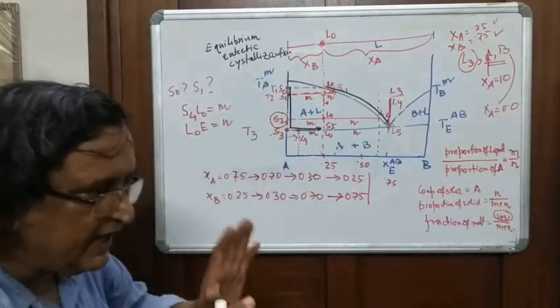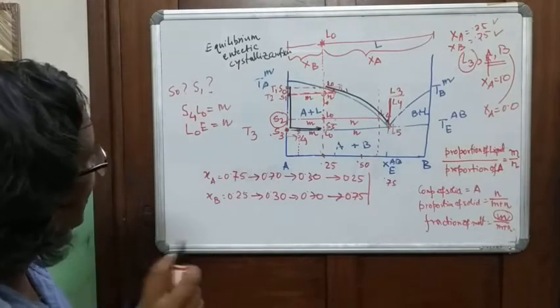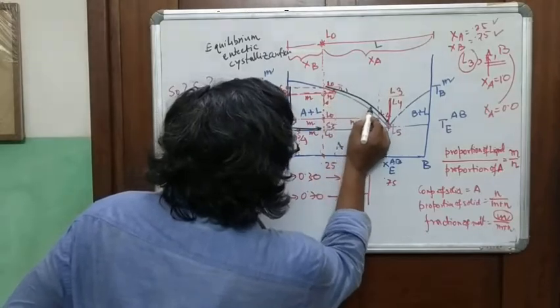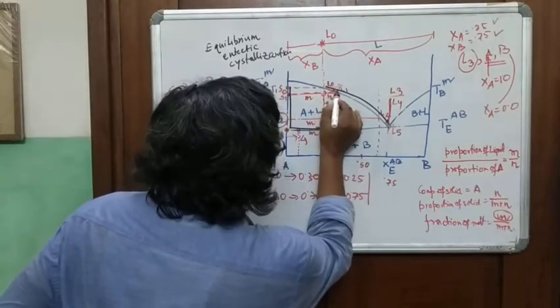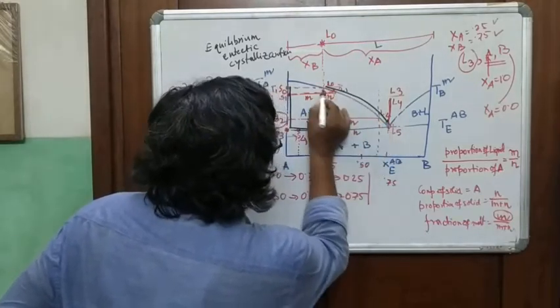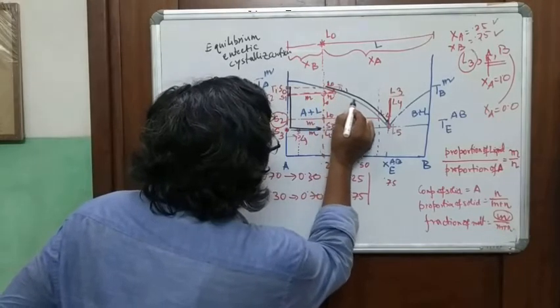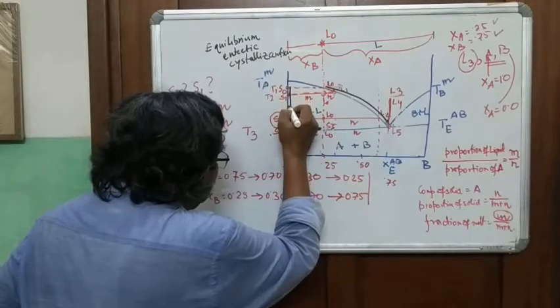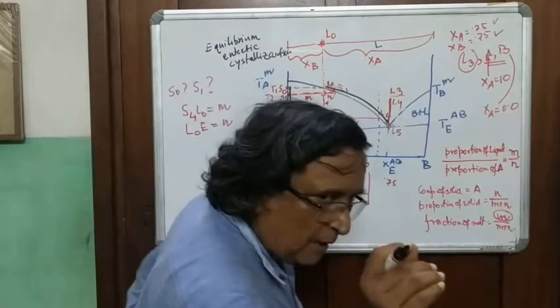So, finally, I will conclude this by saying the following: this is the path of the liquid, where the liquid composition constantly changes from L0 to L1 to L2 to L3, where the solid composition has the same composition.